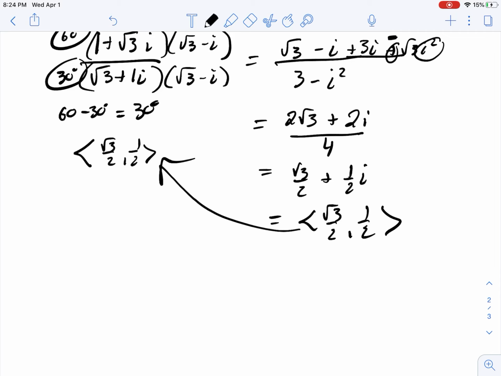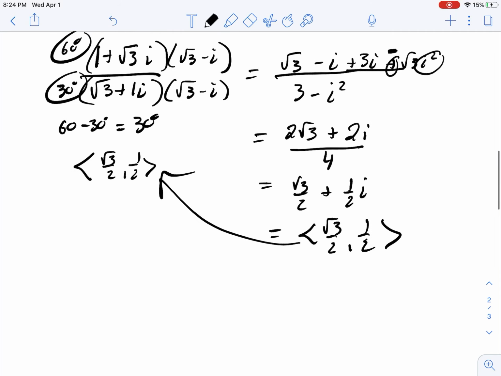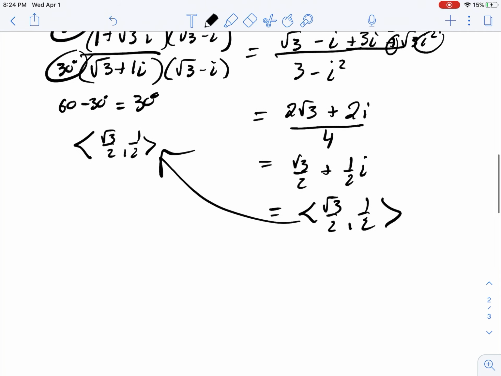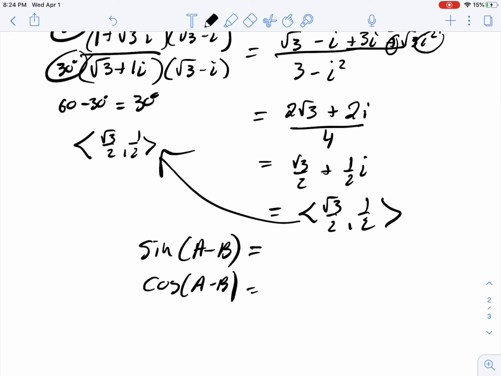Well, there you go. So anyway, that would be the same thing if you want to do it individually: sine of a minus b, and then cosine of a minus b. Again, this would be your y component, and this would be your x component. But here, I did it both simultaneously.